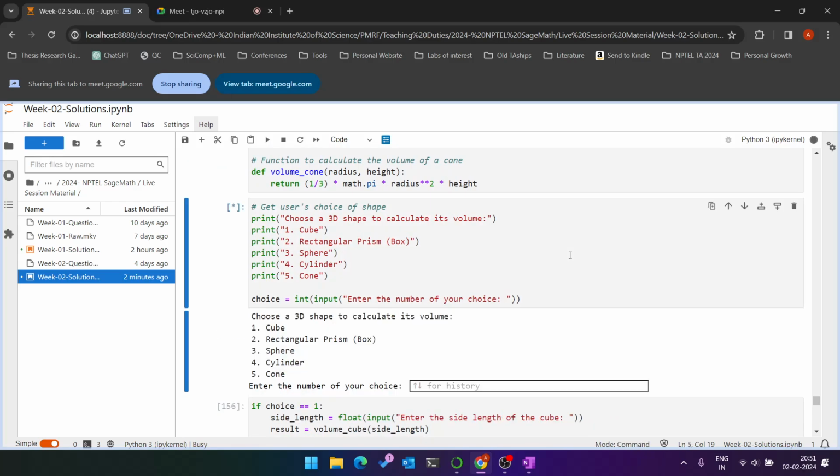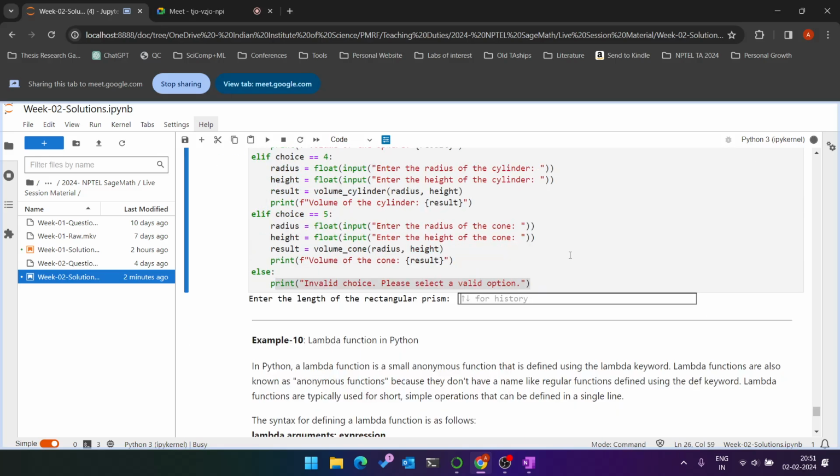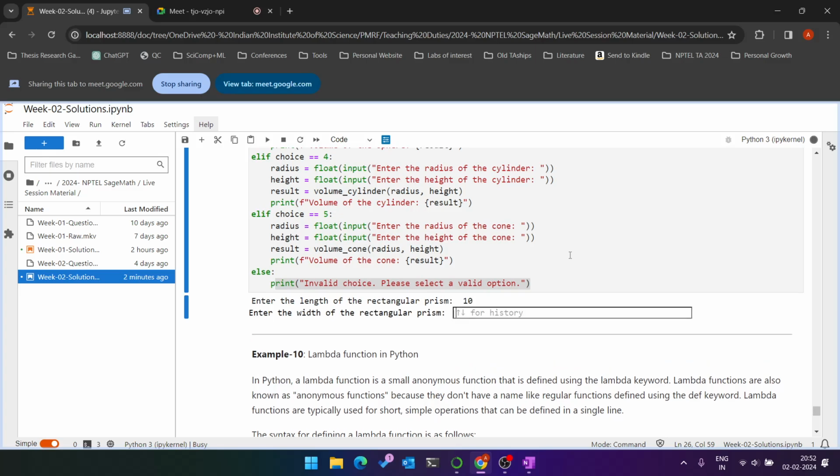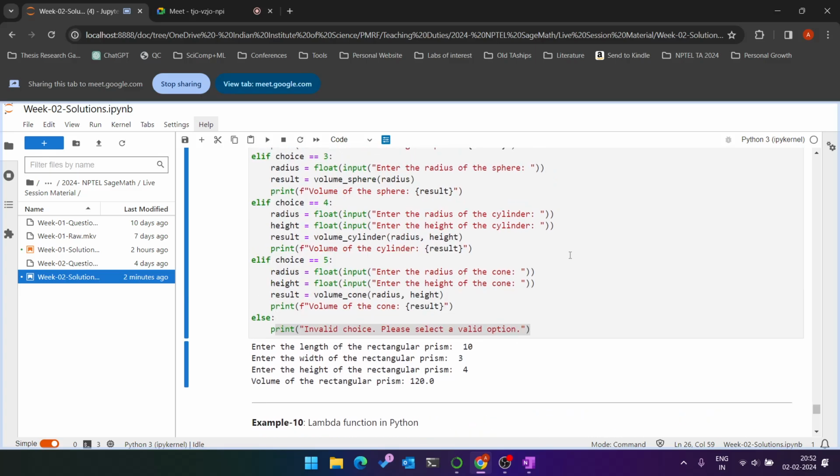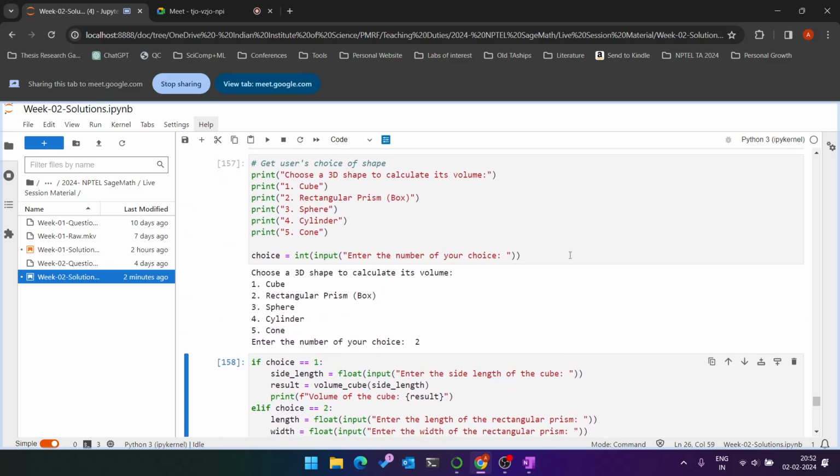If I wanted to choose a rectangular prism with length 10, width 3, height 4, I expect the volume to be 120, which is nothing but L into W into H.